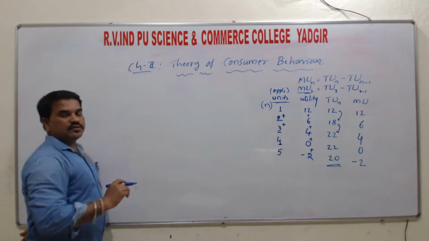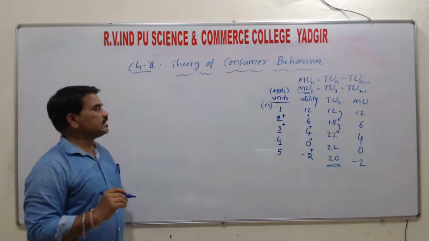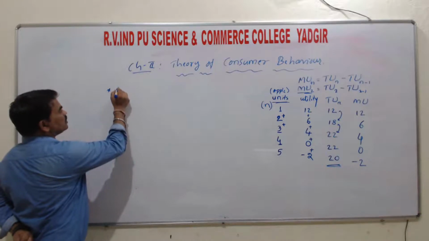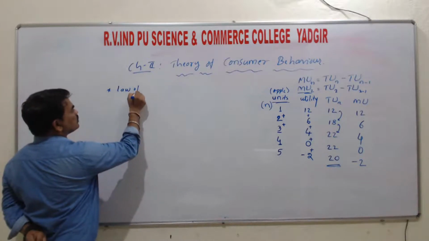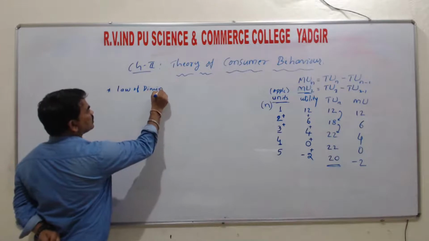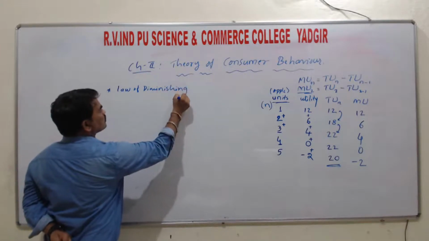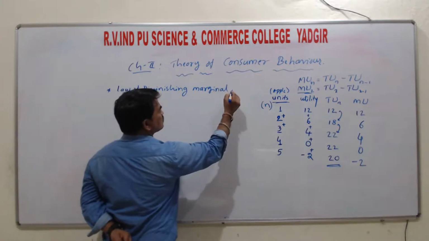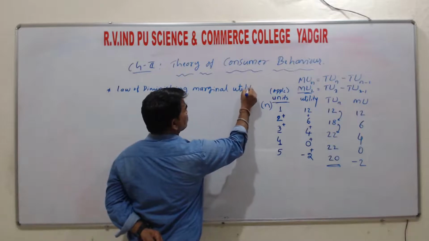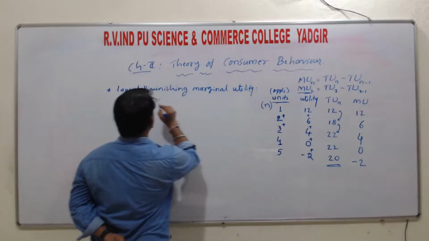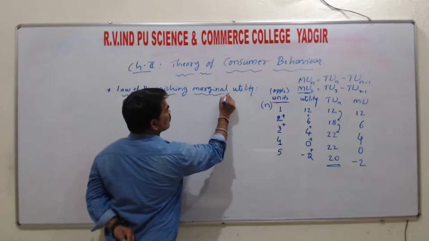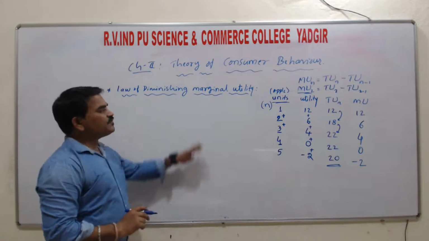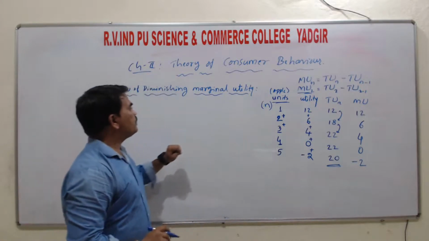So now we understood total utility, marginal utility. Now what is the law? What does this law say? Law of diminishing marginal utility. What this law says, we already discussed that also.